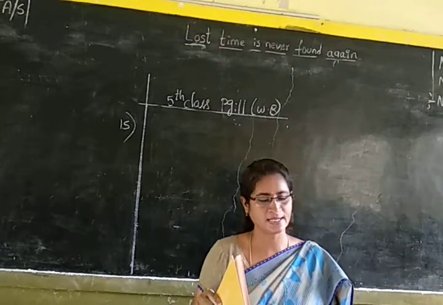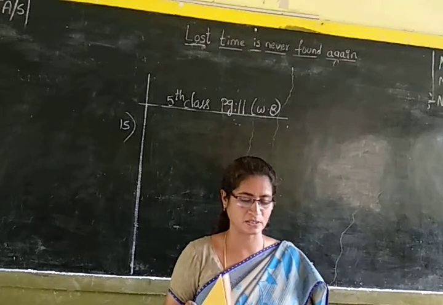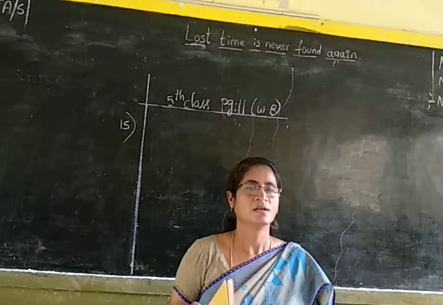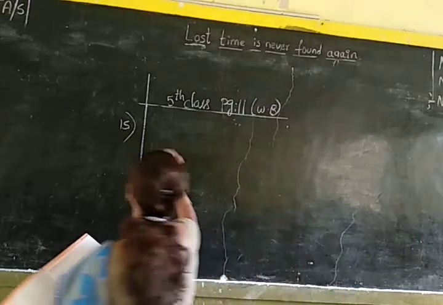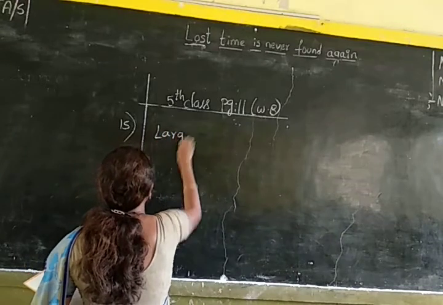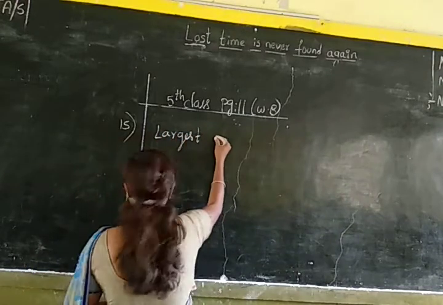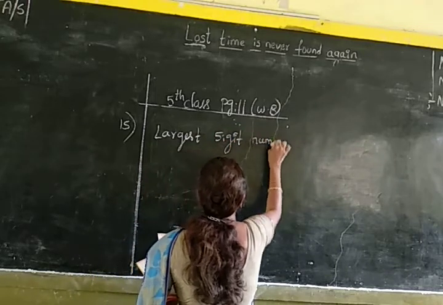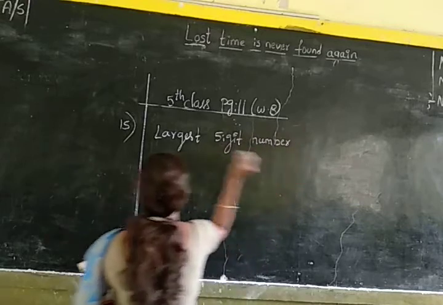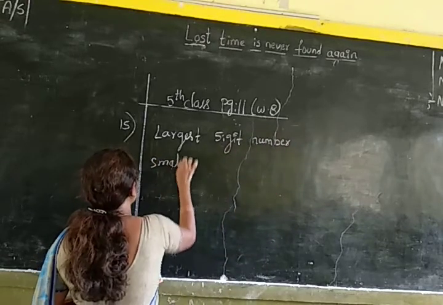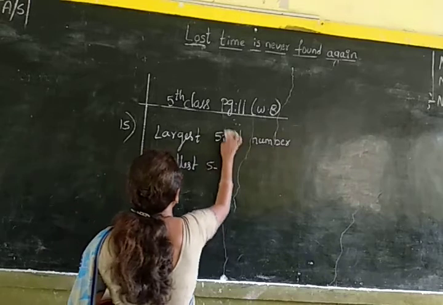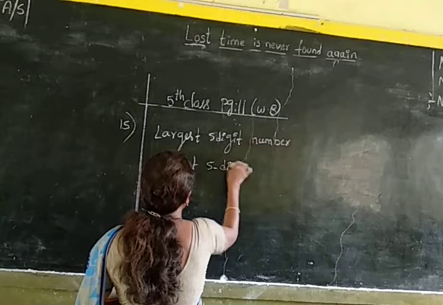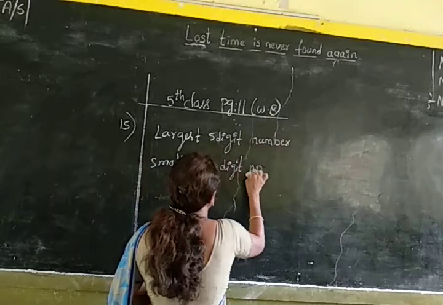Priya wants to write the largest and the smallest 5-digit numbers, but she is not sure about them. Please help her to write down the numbers. So Priya has to write the largest 5-digit number and the smallest 5-digit number.